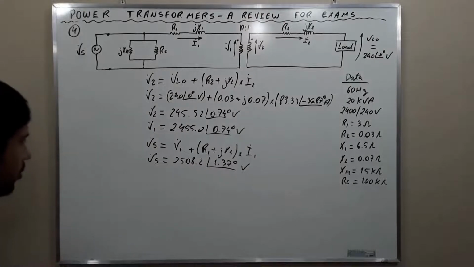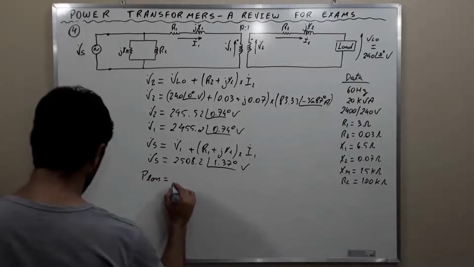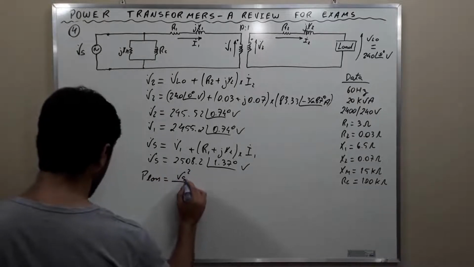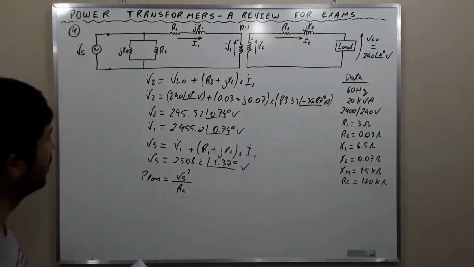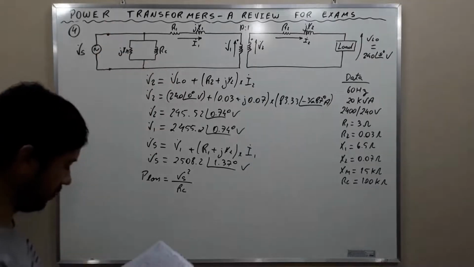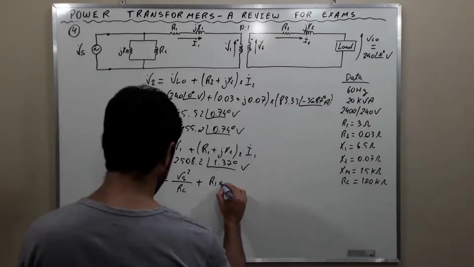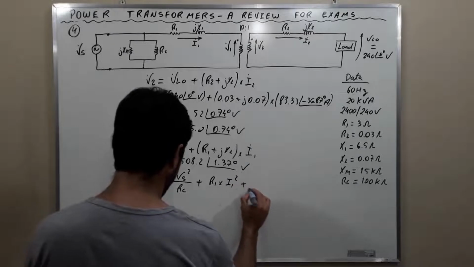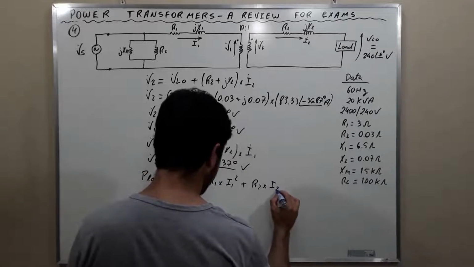Then, to calculate the power lost inside of the transformer, the power loss is equal to Vs squared over Rc, okay? The voltage here squared divided by the resistance, plus R1 times I1 squared plus R2 times I2 squared.